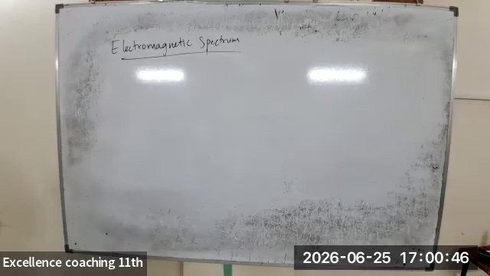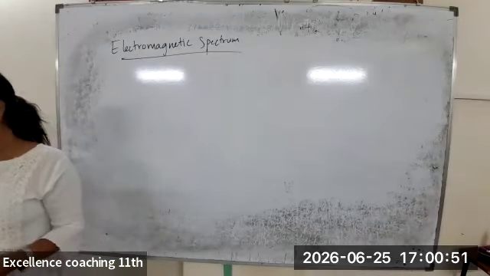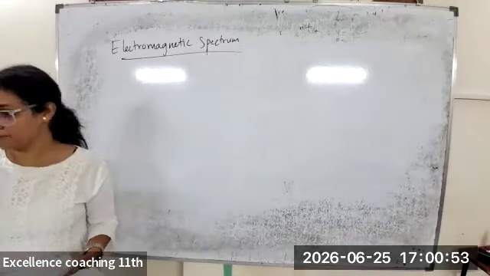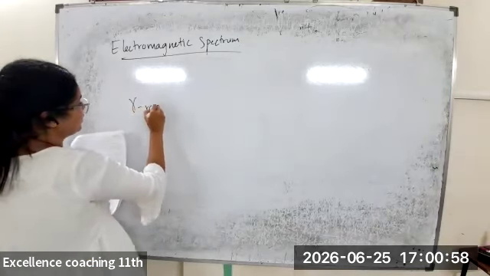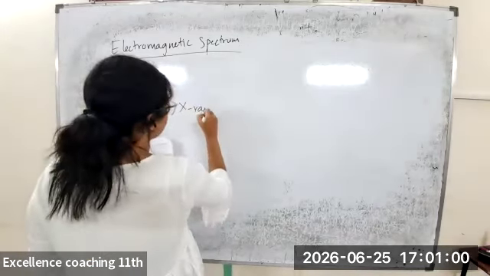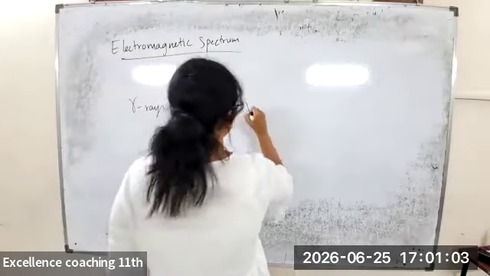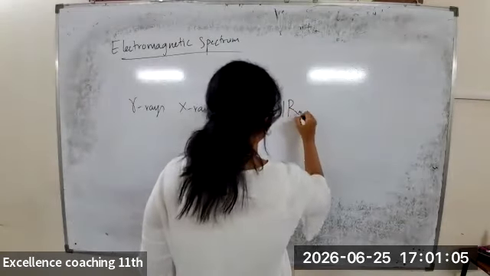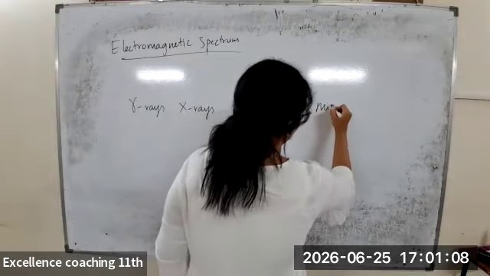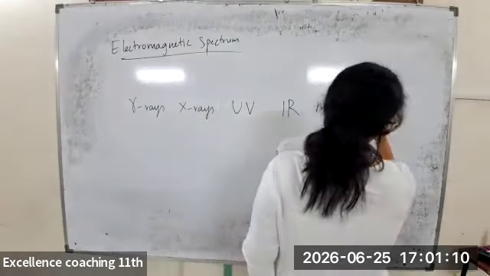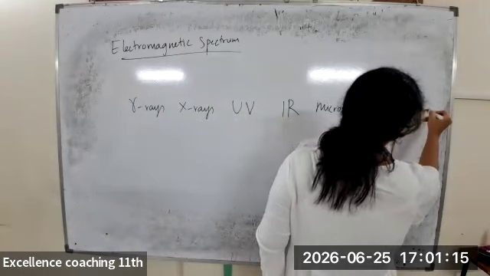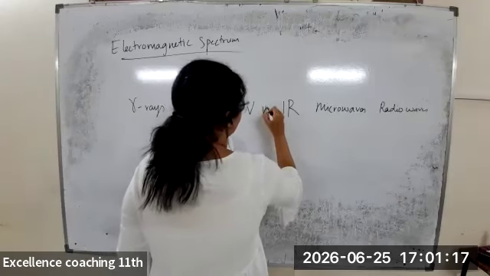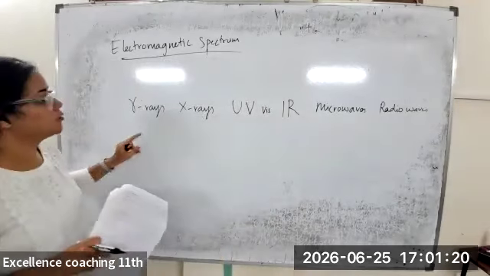On page 8, if you have your notes, I have drawn the spectrum. Starting from gamma rays, then we have X-rays, then UV, then IR, microwaves, and the last one is radio waves.